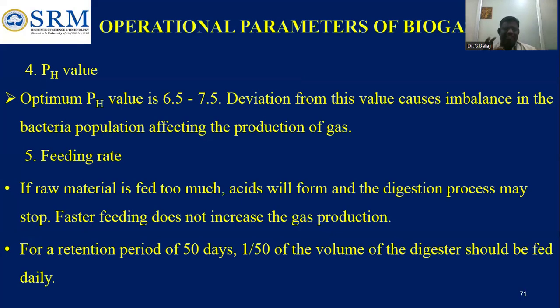Feeding rate means how much of the cow dung slurry you are injecting, at what rate you can inject. It all depends on the type of the digester. If you feed too much, the digestion won't happen, and it will come out.